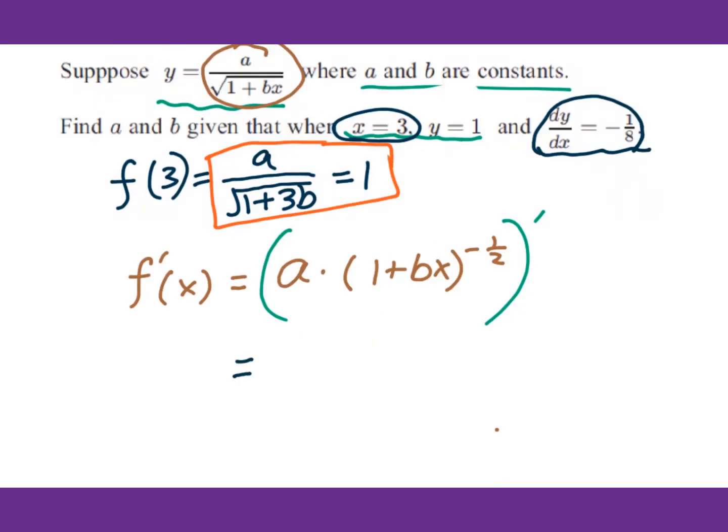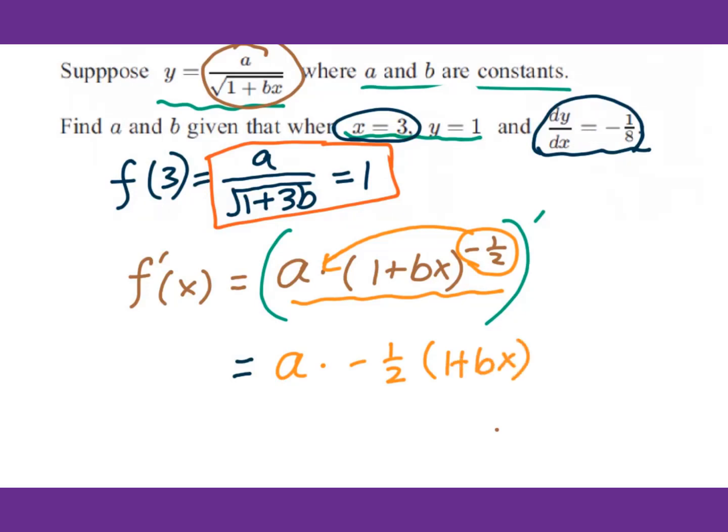How do we figure out the derivative of this function? We need to do 2 steps. First step is the power rule. We drop down negative 1/2, so a times negative 1/2 times (1 plus bx), and we get minus 1, that means negative 3 over 2.